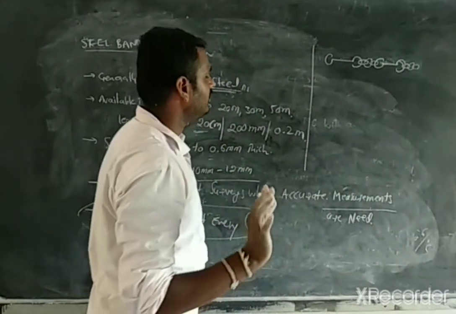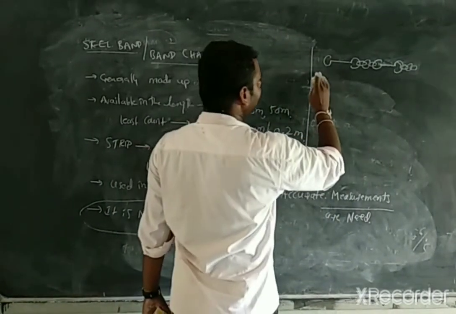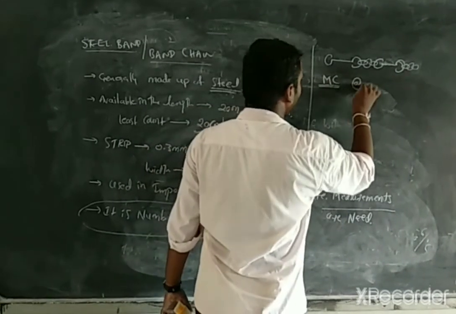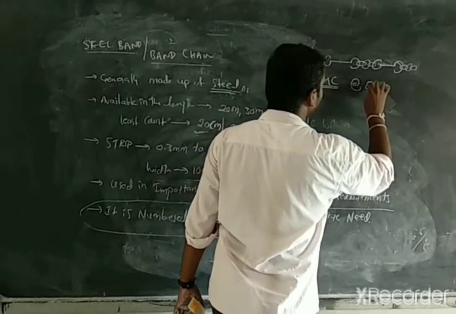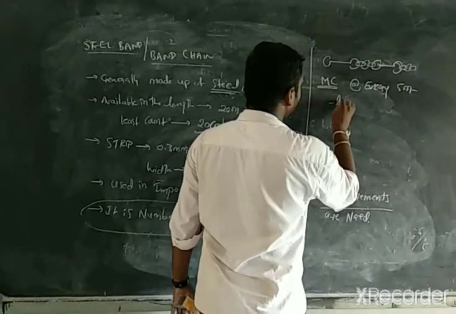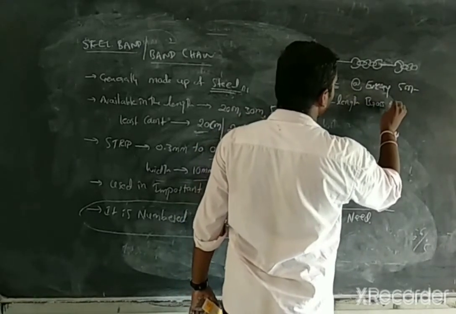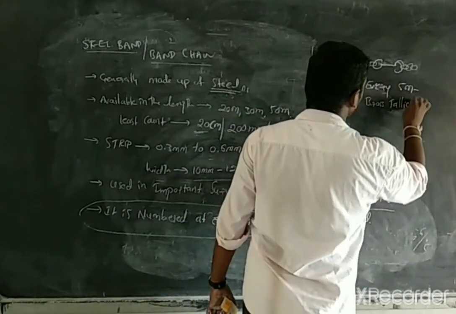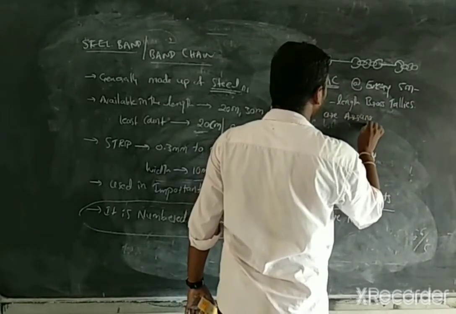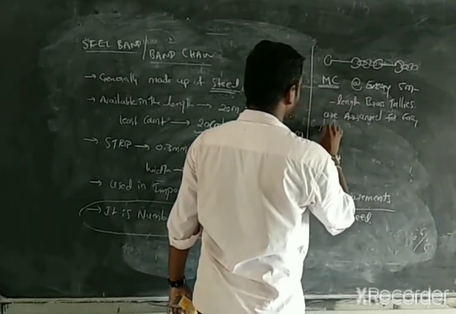I just forgot to tell one thing: in the metric chain, at every 5 meter length, brass tallies are arranged for easy measurement.